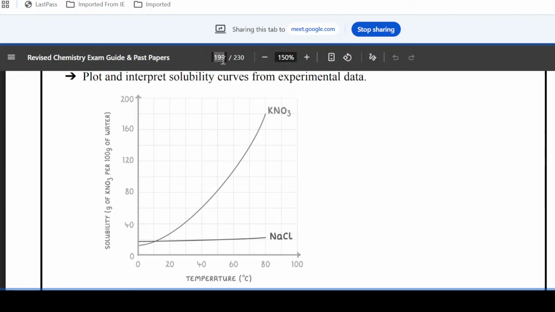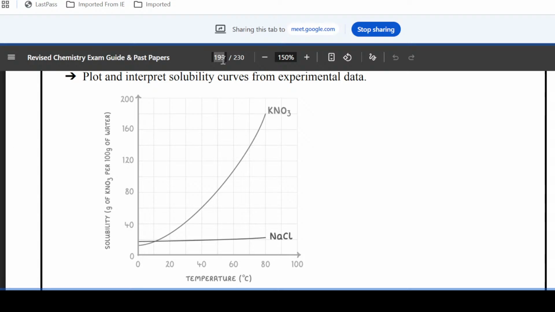I'll just say 50, and then let me see. Alright, so the y-axis goes up by how much though? Each line goes up by 20.